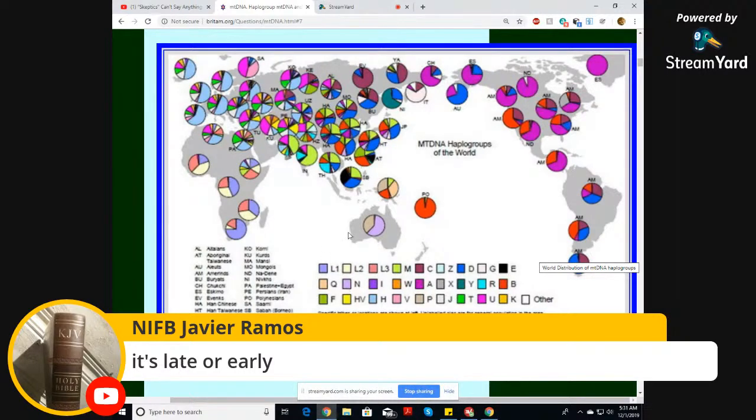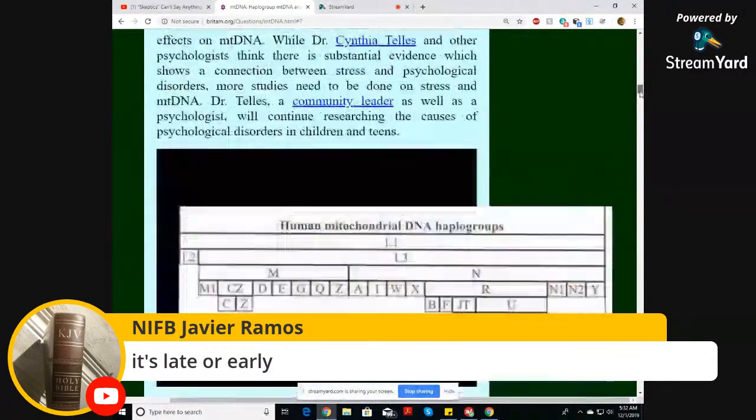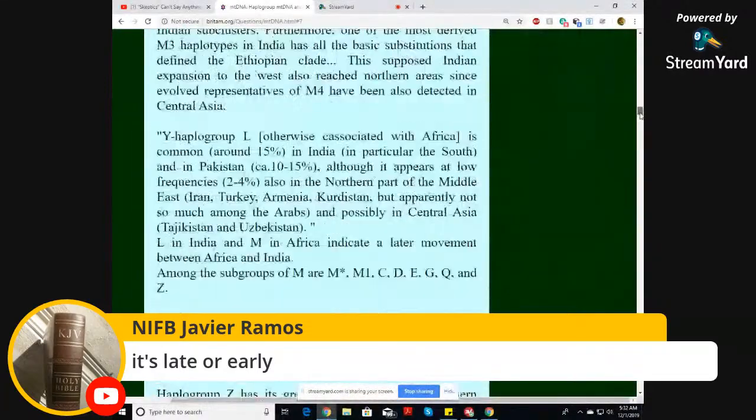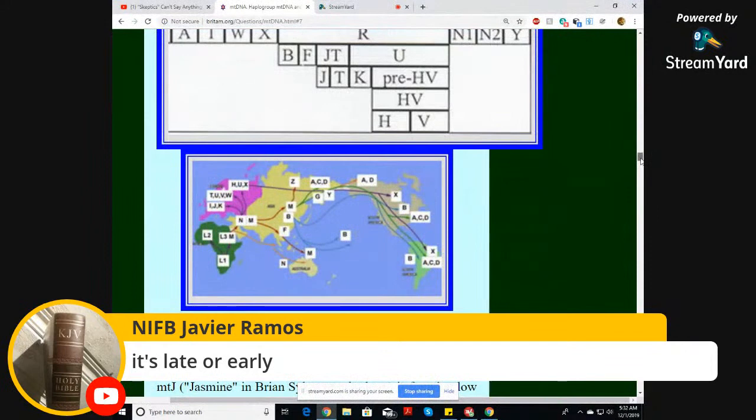Anyways, the H seems to be prevalent in the Jewish DNA as well as the K. And I can show that somewhere. Okay, here's an example where the H is up here and the K is up here.